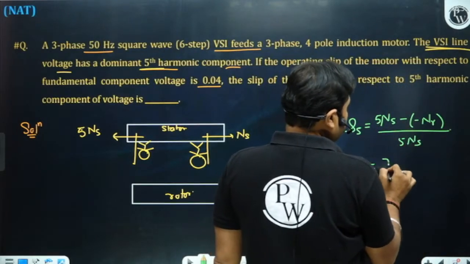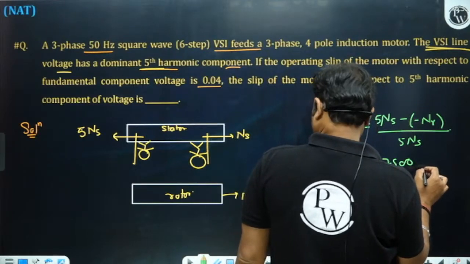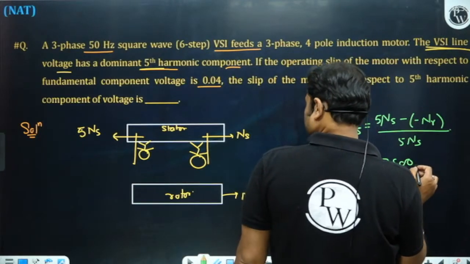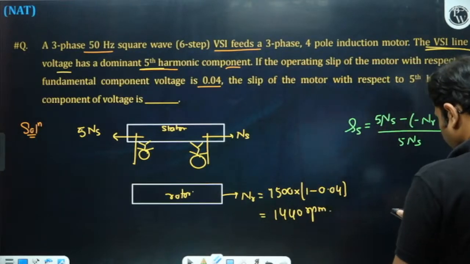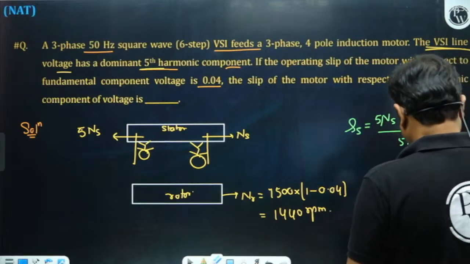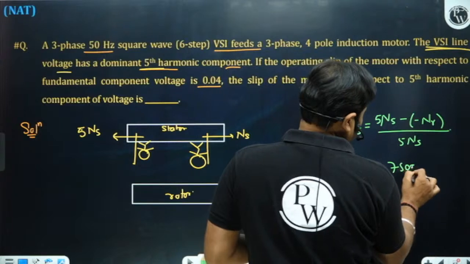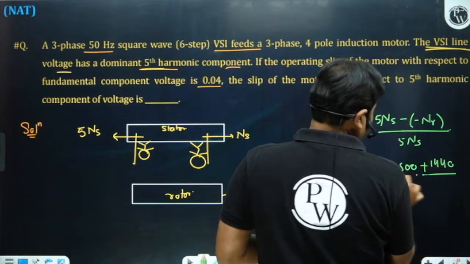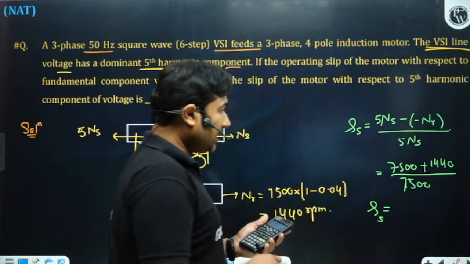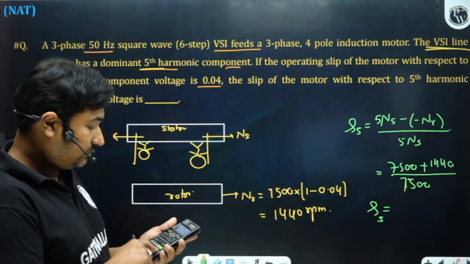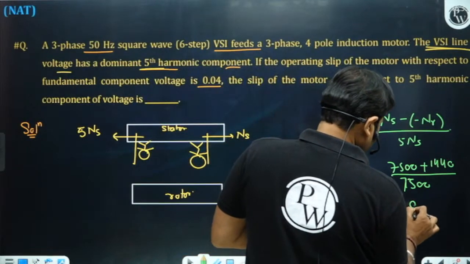So this will become (7500 plus 1440) upon 7500. So the slip with respect to the fifth harmonic will become 1.192.